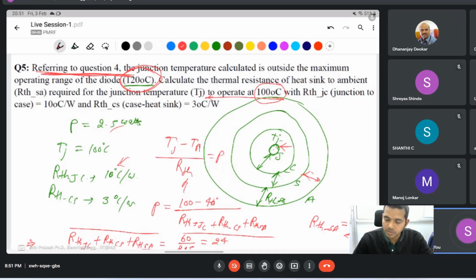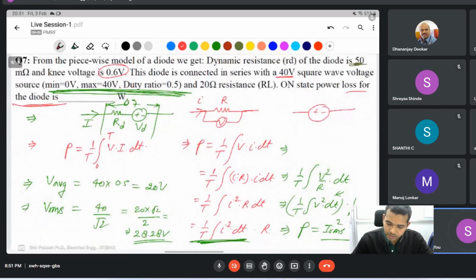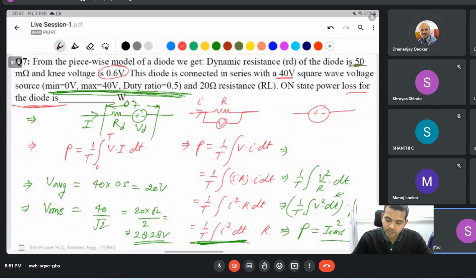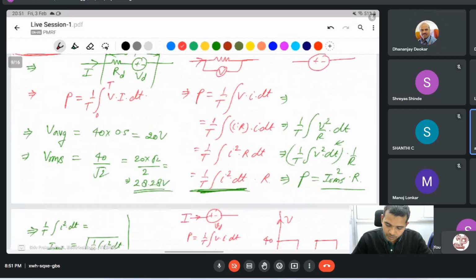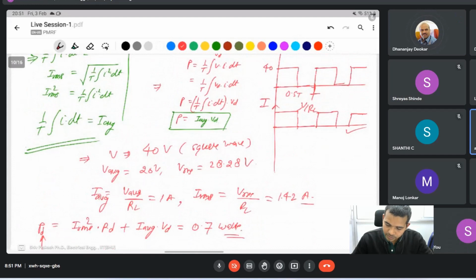Any other doubts? Answer for question number 7, 1.372. Sir, in question number 7, my answer is 1.372 power. What is the RMS value and average value of current?